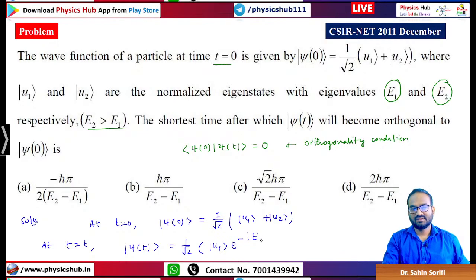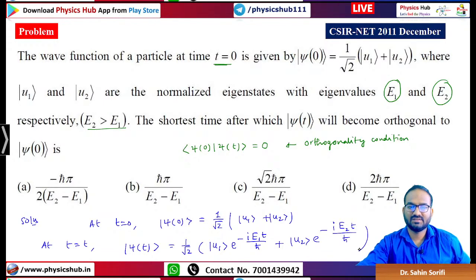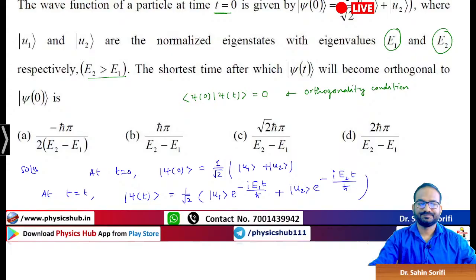Here you see t equals 0, so that is why there is nothing here. Here u1, the corresponding energy eigenvalue is E1, so here it will be e to the power minus i E1 t by h cut, plus u2 e to the power minus i, energy eigenvalue is E2, so E2 t by h cut. This is at any arbitrary time t.